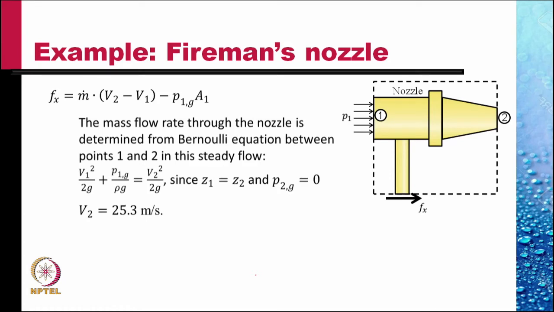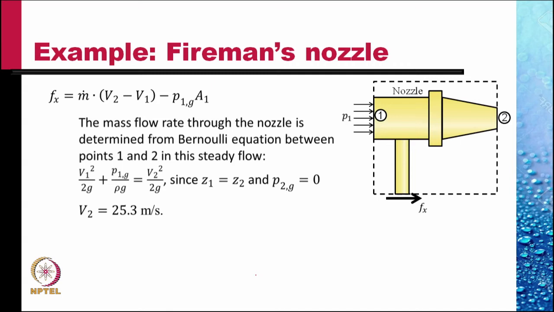And if we apply Bernoulli equation between point 1 and 2, V1 square by 2g plus P1g by rho g should be equal to V2 square by 2g, since Z1 is Z2 and P2g is 0.